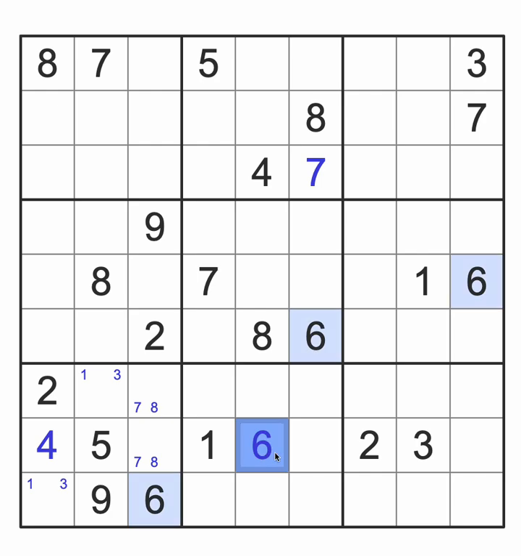Gives me 6 here. And now I can place 7, because this 7 and this 7 block these. Gives me 7 here. That gives me 8 here. And now 8 blocks this cell, gives me 8, and this will be 9.